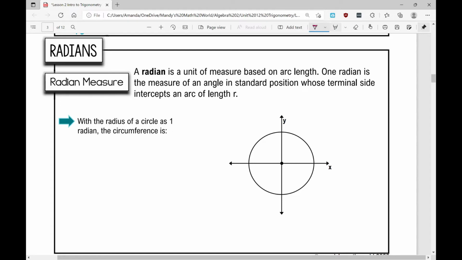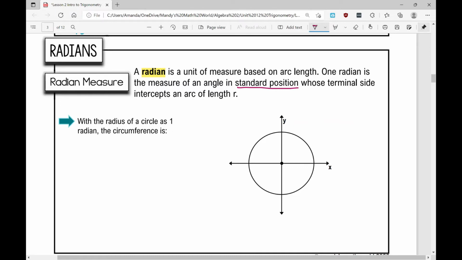What is a radian? A radian is a unit of measure based on arc length. 1 radian is the measure of an angle in standard position, which we talked about, whose terminal side intercepts an arc of length r. So here's what that means. What am I looking at on this image?